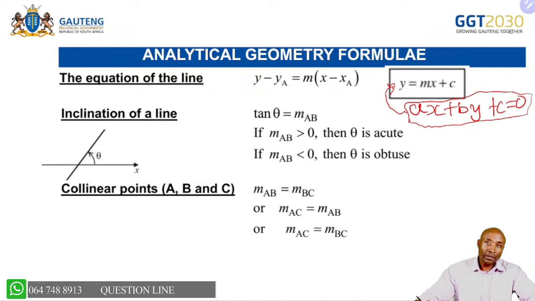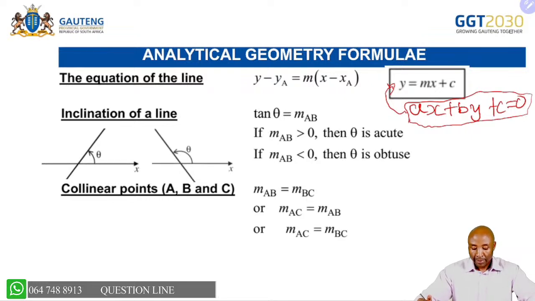It is above 0 degrees but less than 90 degrees. If we are having a negative gradient and our line is sloping like that, it's a decreasing line because our gradient is negative, our angle of inclination will be above 90 degrees but less than 180 degrees, and we call that one obtuse angle.